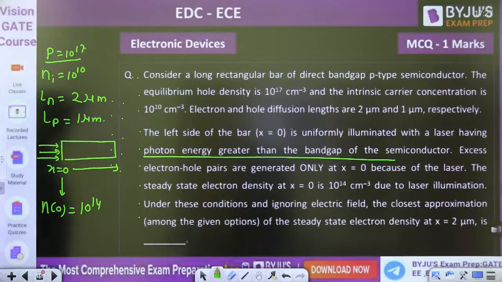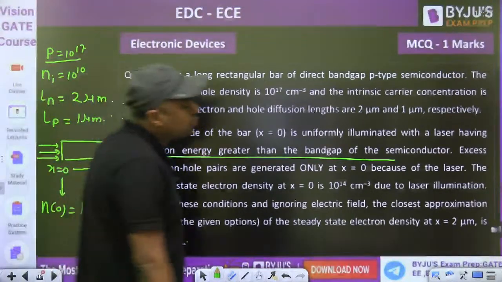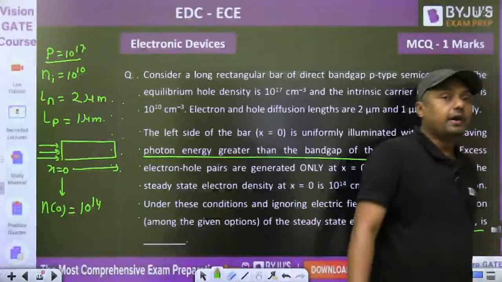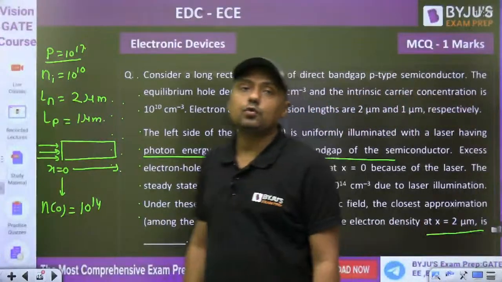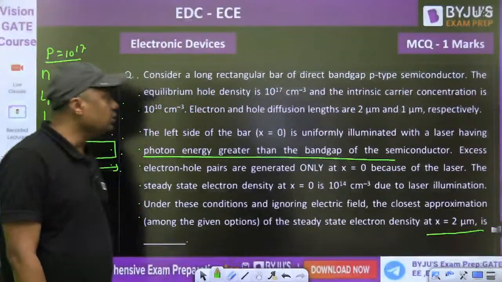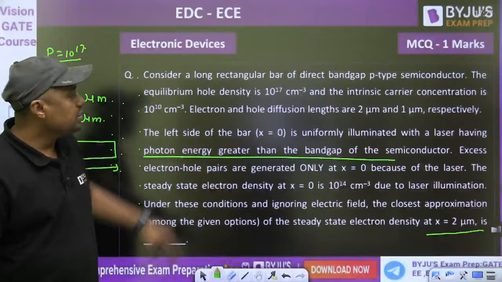Due to laser illumination, under this condition and ignoring the electric field, the closest approximation of the steady state electron density at x is equal to 2 micrometer you have to find. And what is the diffusion length of the electrons? 2 micrometer.